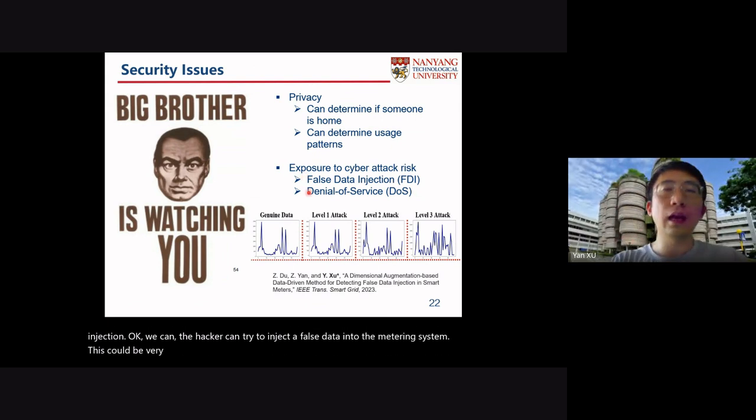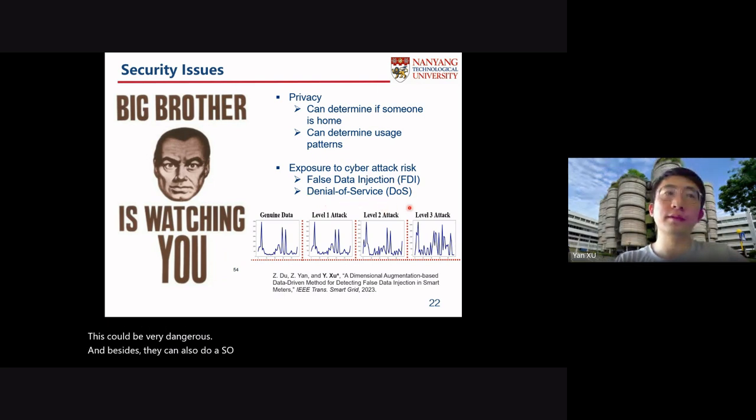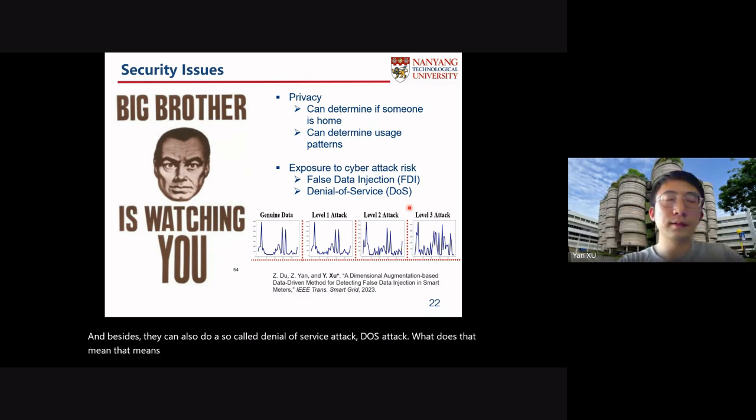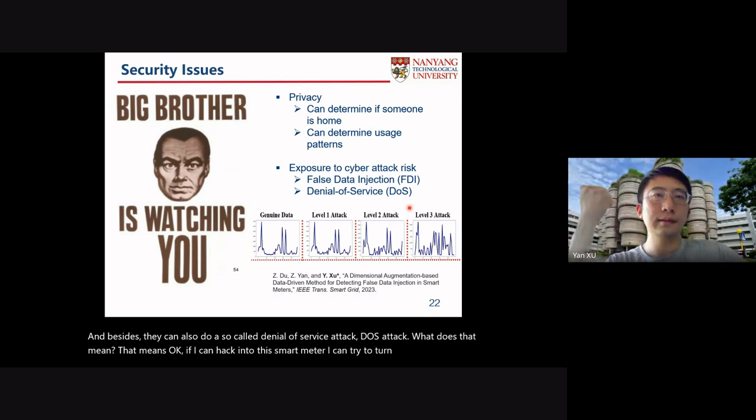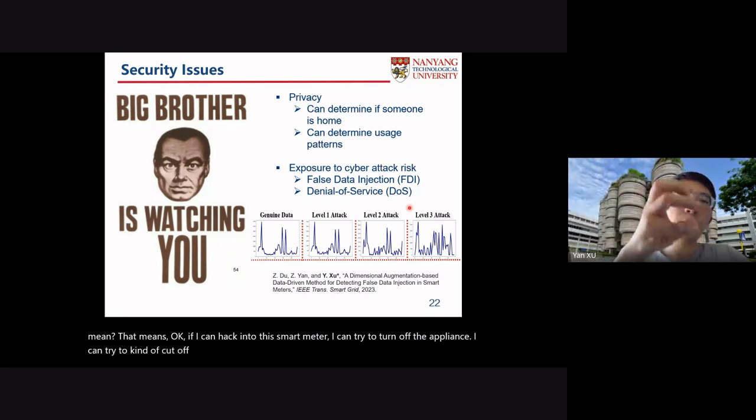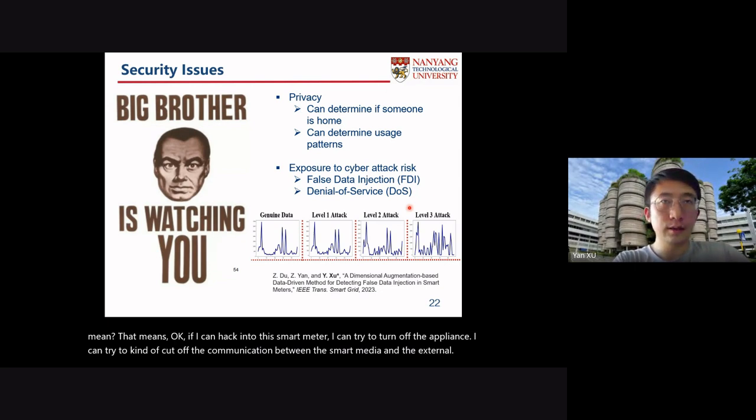And besides, they can also carry out a so-called denial of service attack, DoS attack. What does that mean? If I can hack into this smart meter, I can try to turn off the appliance, or cut off the communication between the smart meter and the external wide area network.